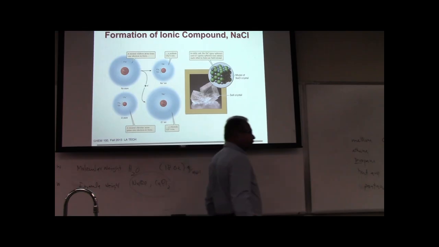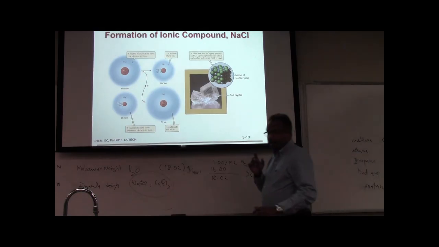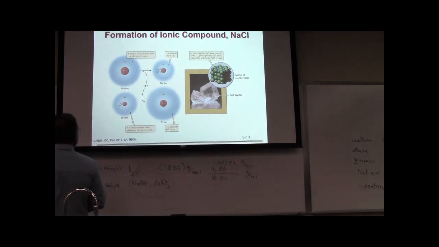Now, chlorine, even though it was smaller before, when it gains an electron, one thing you have to notice is that when an atom gains an electron, it expands. There are the same number of protons, right? Now there are more electrons in the valence shell. You're going to talk about this in 101, all right? I'm just giving you some idea here.